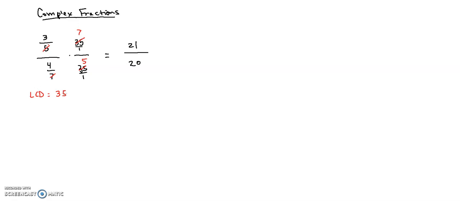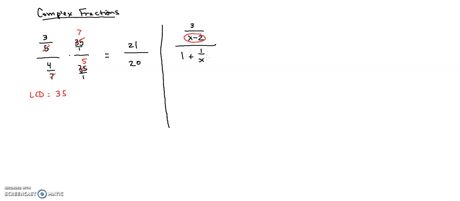The basic idea here is that we're going to multiply on top and bottom by the LCD to clear out those fractions. All right, now let's look at one with some letters and numbers going on. Let's say we have 3 over x minus 2 over 1 plus 1 over x. Look at the denominators.